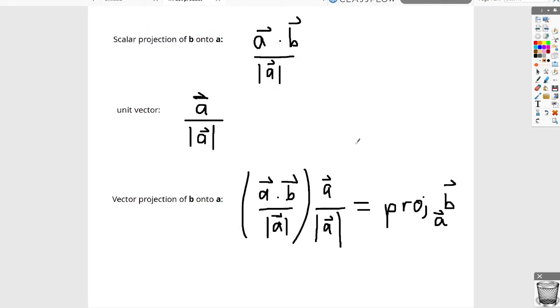What is a projection? First of all, what's a projection? A projection is what you call it when you take some part of something onto something else.